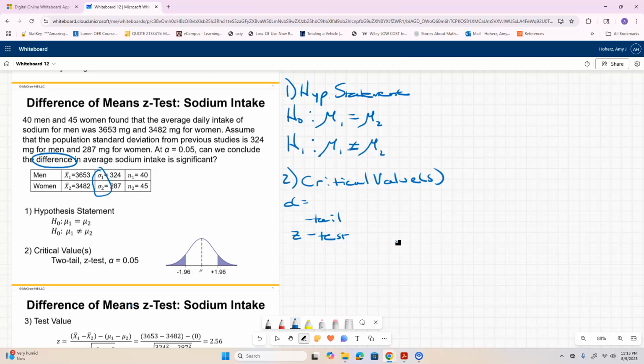And we know we're looking at a difference, and so it is a two-tail. We want to know whether either the men are higher or the women are higher, if there's a difference between the two.